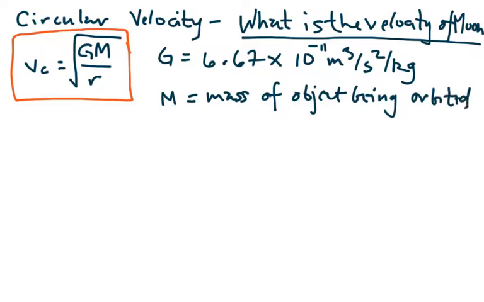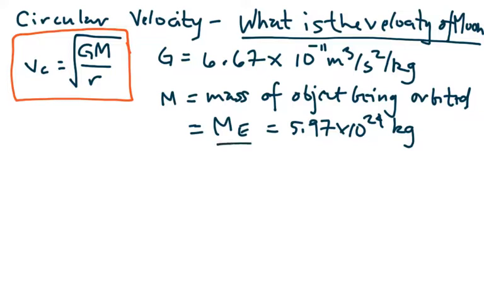If we're interested in the Moon's orbit about the Earth, then this mass is the mass of the Earth, not the mass of the Moon. And so the mass of the Earth is 5.97 times 10 to the 24 kilograms. So whether it were our exact Moon orbiting the Earth or a different object in the Moon's orbit, the mass that would matter is the mass of the Earth.